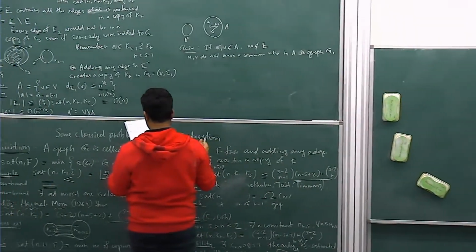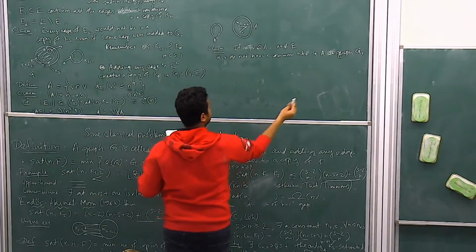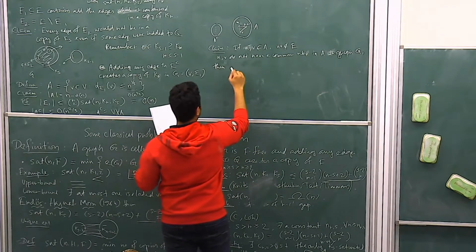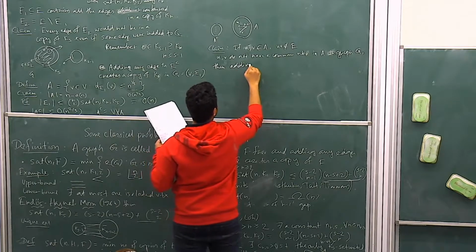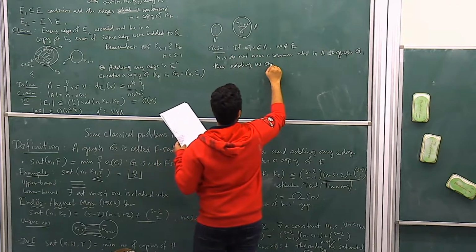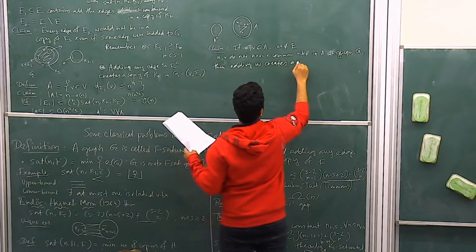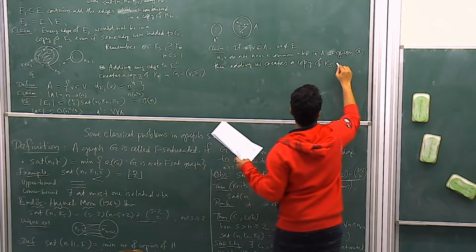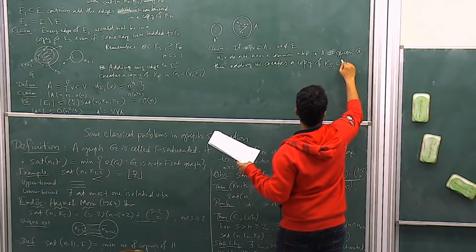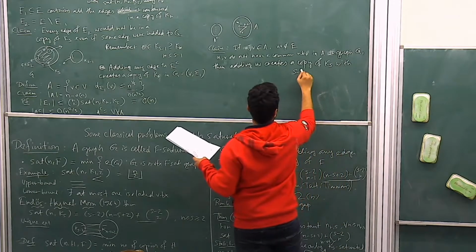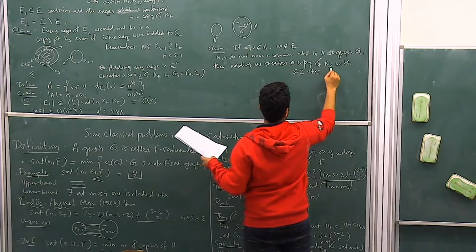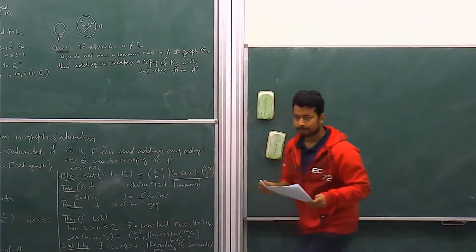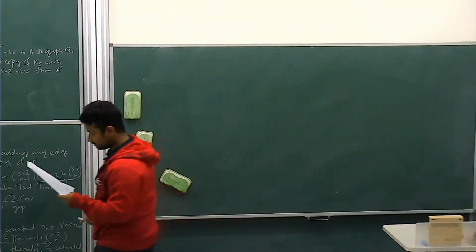So let me finish this. If we do not, then adding UV creates a copy of KS with S minus 2 vertices from A complementary.